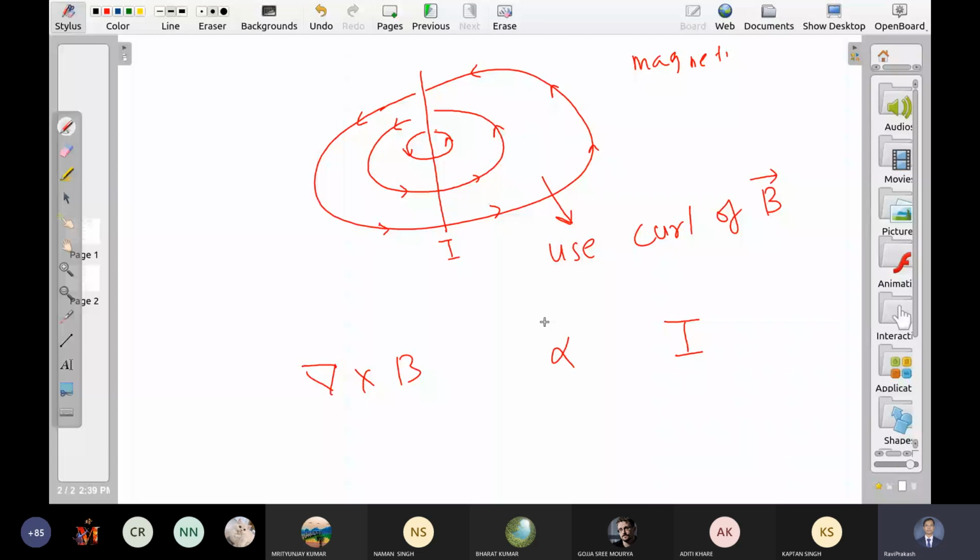Since it is a rotatory field, इसका करंट निकाल लेंगे, that will tell you how strong is this field. आपने पहले से पढ़ा है field का strength, current, and there are many other factors. So del cross V has to be proportional to I or some other constant or other power of I, but ये I से कहीं ना कहीं connected जरूर होगा. Okay. So this is just a guess.